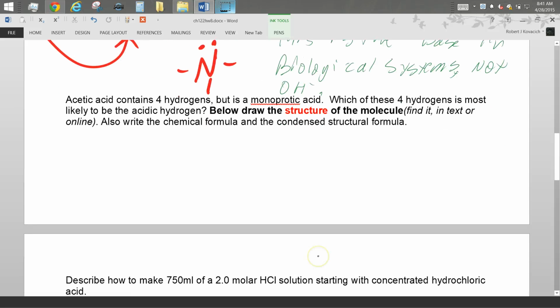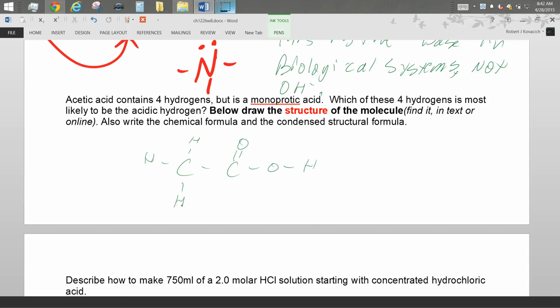So acetic acid. Which one of these is the acidic H? The one to the right, attached to the oxygen.